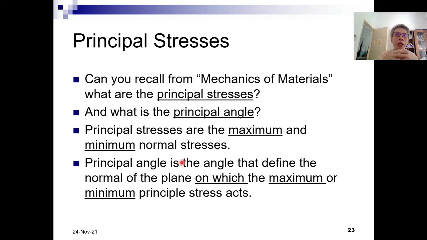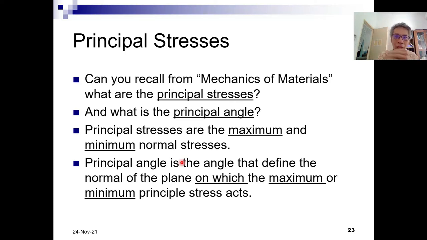As you know, if we work in Cartesian coordinates x, y, then the stress components are expressed as sigma x, sigma y, tau xy, if that's plane stress, okay?